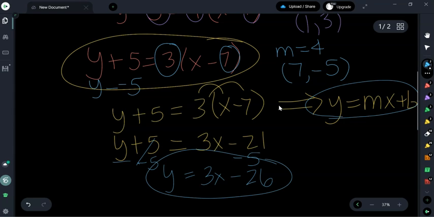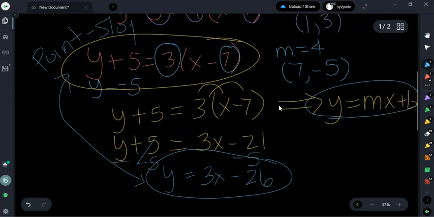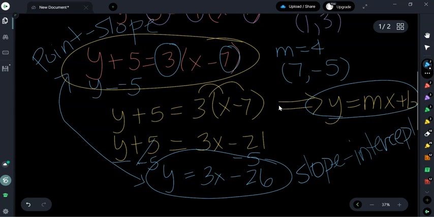So this equation, in essence, is the same as this equation. One of these is in point slope form, and this one is in slope-intercept. So you can see each equation has its own applications and purpose. It depends on what characteristics you want to see about the line. Slope-intercept form tells you the y-intercept and the slope.